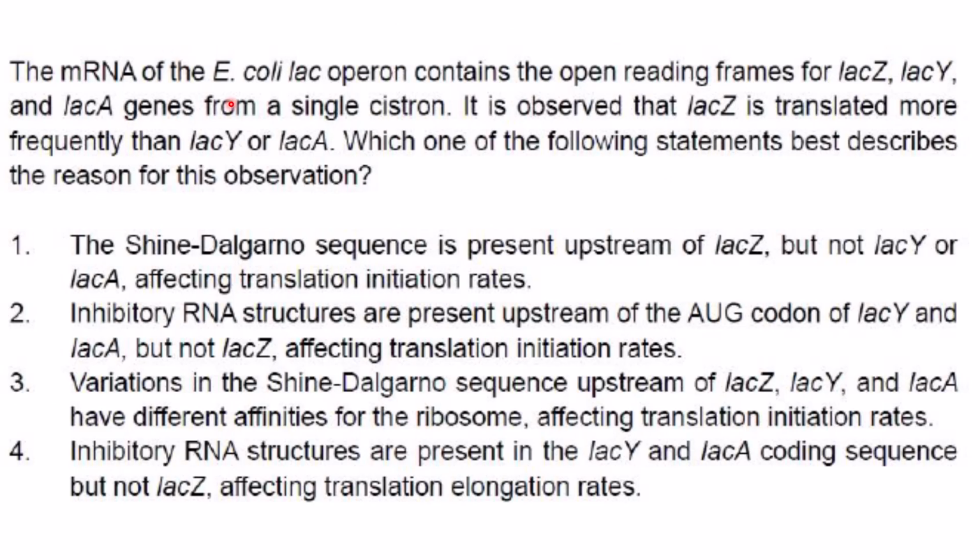Okay, the mRNA of the E. coli lac operon contains the open reading frames for lac Z, Y and A genes from a single cistron. You already saw that. It is observed that lac Z is translated more frequently than lac Y and A. That doesn't mean lac Y and A are not translated.